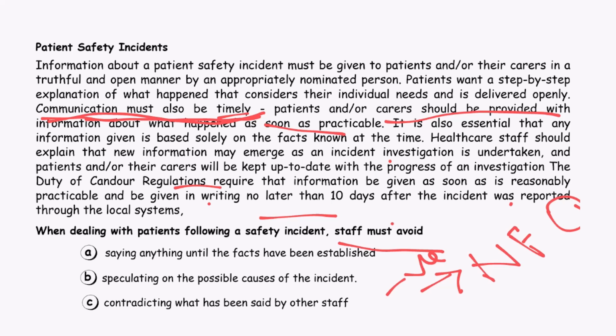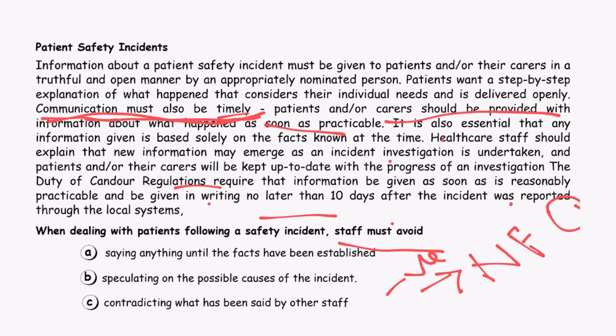Staff must avoid saying anything until facts have been established, which means you know very well that tomorrow or the day after tomorrow the truth will be declared. So staff must avoid saying anything until the facts have been established. Okay, so we are supposed to not say anything until the facts have been established. This directly contradicts the information which has been mentioned in the passage.